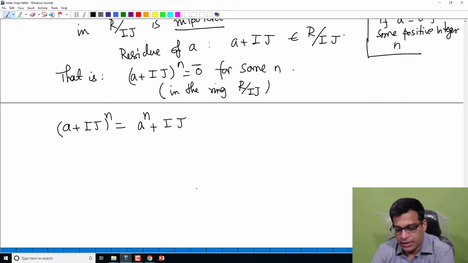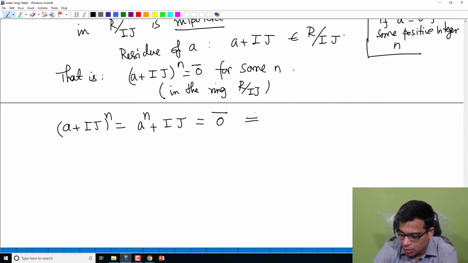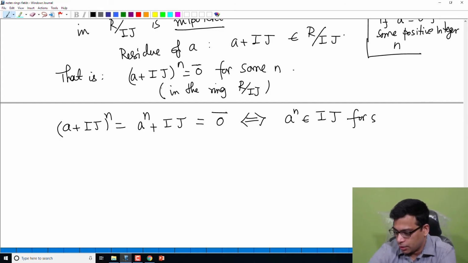In order for this to be equal to 0 bar, we want A power n in IJ for some n. After translating everything in the problem, this is what we are reduced to: if A belongs to I intersection J, A power n belongs to IJ for some n.